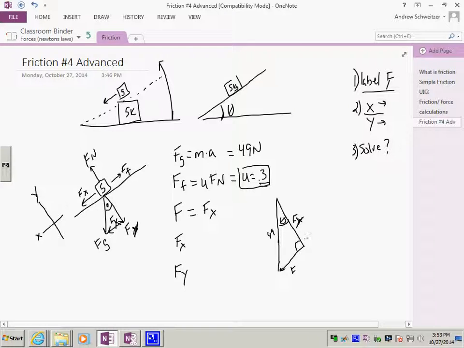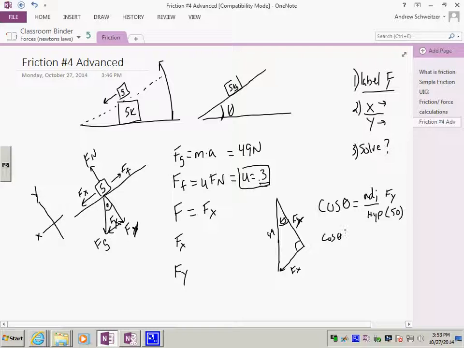So in this case, for my Y, the cosine of the angle is equal to my adjacent over my hypotenuse, and the hypotenuse is 50, and my adjacent is F of Y. So cosine of the angle times 50, actually it'd be 49.